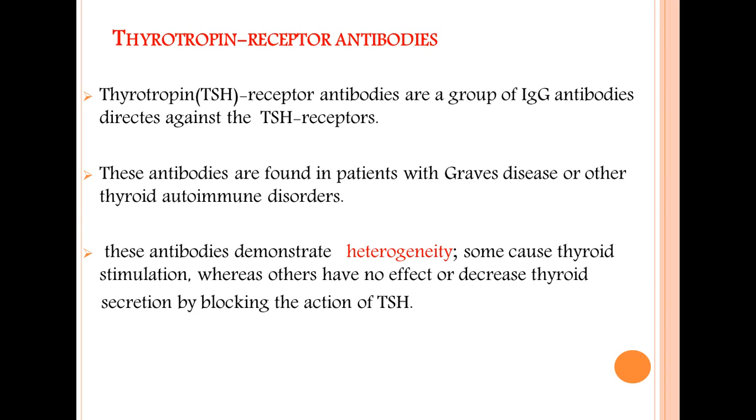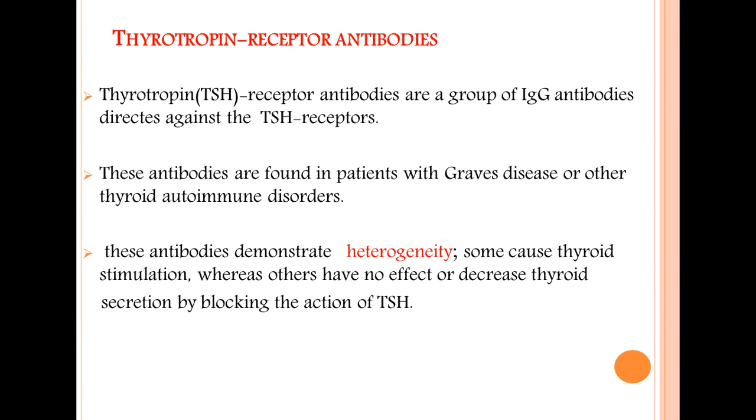The thyroid receptor antibodies are directed against the receptor, the site for attachment or the binding of the TSH to the thyroid cell or thyroid gland. They are heterogeneous because they may be stimulating after attachment of this autoantibody to the thyroid gland. They may stimulate the gland, so they will produce more thyroid hormone and end in thyrotoxicosis.